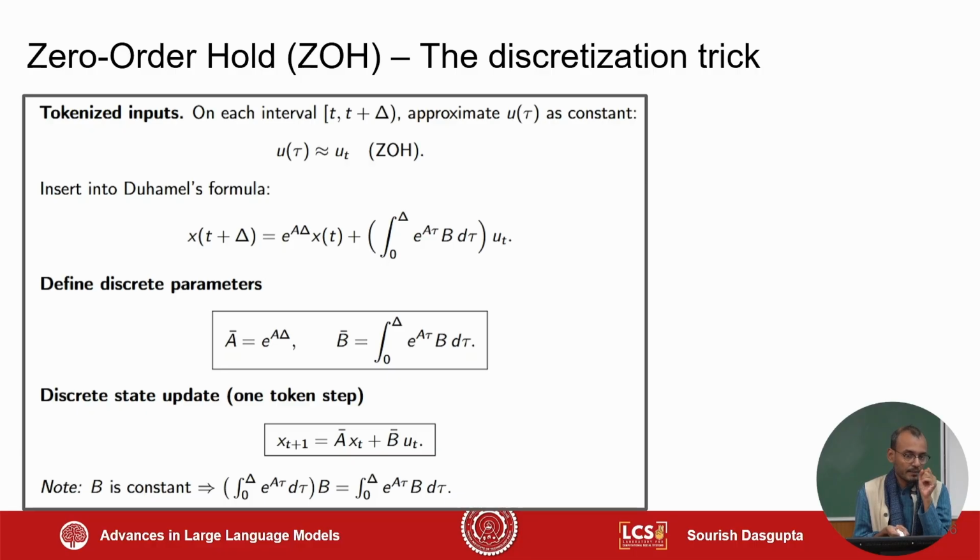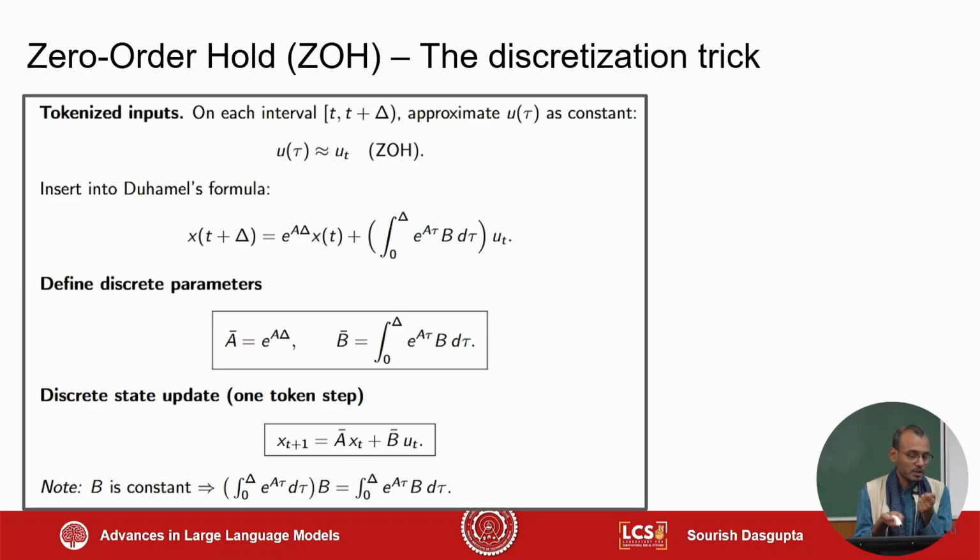Okay. And then if we plug that u_t in instead of u(τ), we can bring that u_t outside the integral in that closed form formula from Duhamel. Then we just write e^(AΔ) as Ā, and we write that integration as B̄, the integration part only, not u_t.